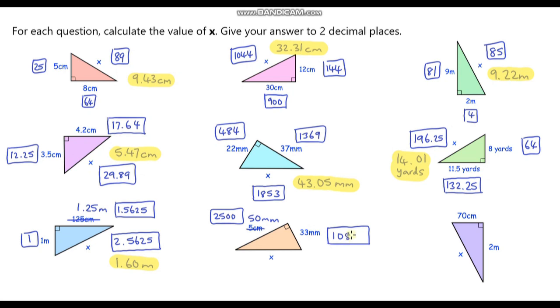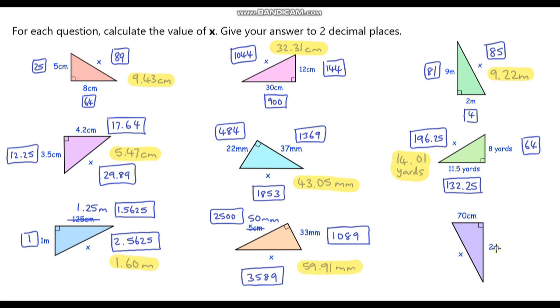And now add these together, I get 3,589. And now if I take the square root, I get 59.91. And let's think about our units. We converted into millimeters, so our answer is in millimeters. If you did put this in centimeters, then it would be 5.99 centimeters.